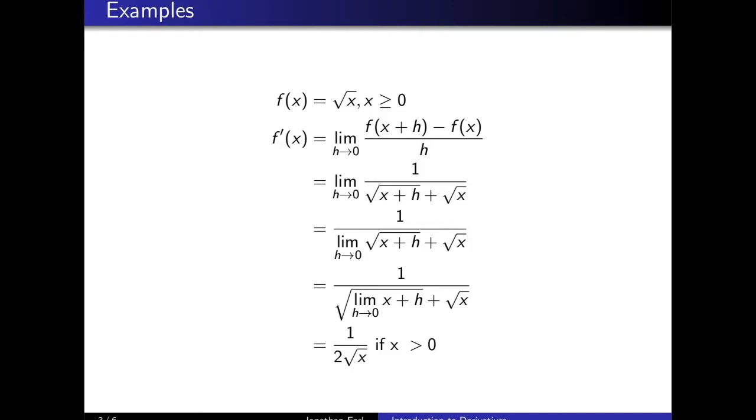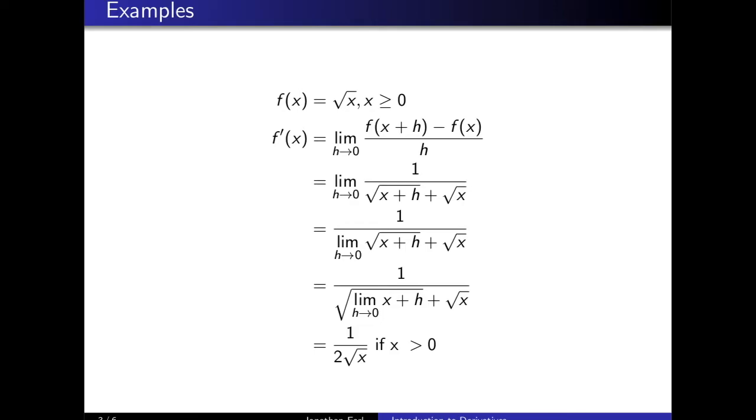Well, using the rules that we had for dealing with limits going to infinity, that limit would be infinity, which will tell us that the derivative for square root of x does not exist at x equals 0, because the limit would go off to infinity, and those limits do not exist. So because the derivative limit does not exist at x equals 0, the derivative doesn't exist at x equals 0.